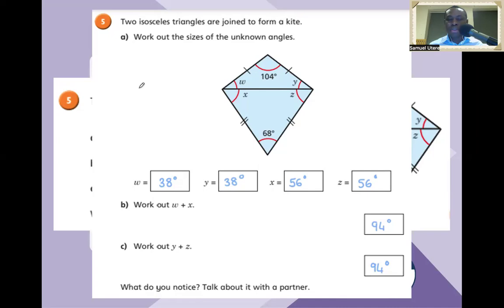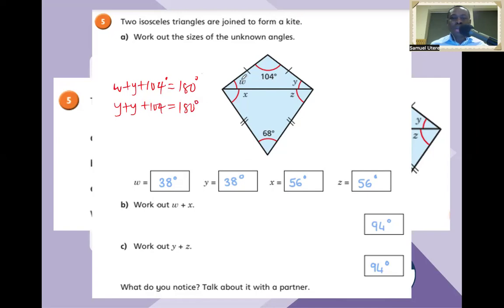So solving the first one, we can say W plus Y plus 104 degrees is equal to 180 degrees. All right. Now we know that W and Y would be the same. So we can simply say, let this be Y. So we can change it to Y, add Y, plus 104 equal to 180 degrees.